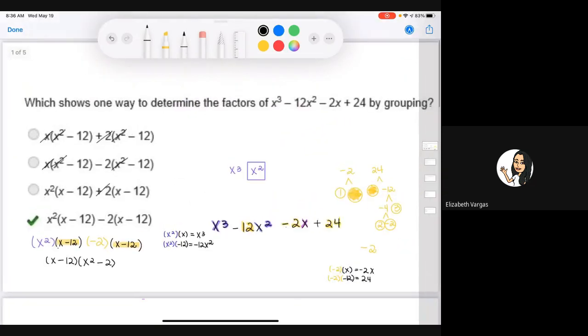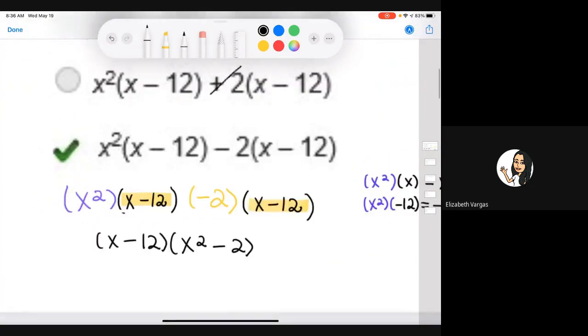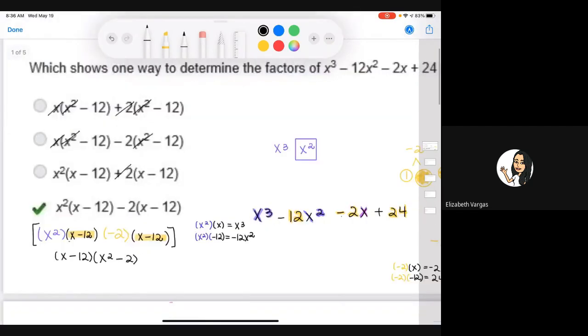But for the purpose of this question, I only need to leave it like this. I don't need to complete that further step. You can if you want to, and then revert back and see which step you're on. But the easiest thing is to identify this is the last step I need to complete for this problem. And so I'm just trying to see which of these answer choices matches what I got for that step right there. Okay, questions about this?